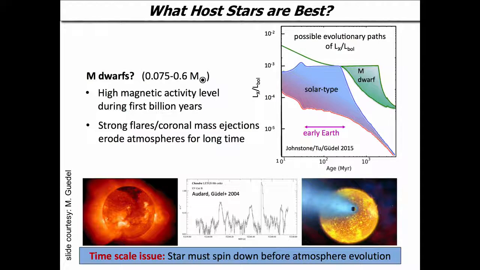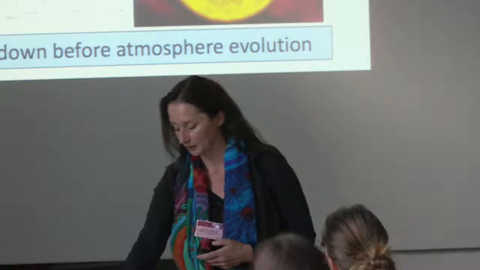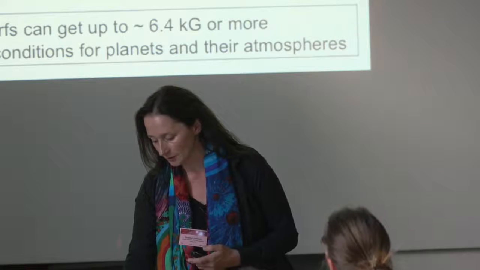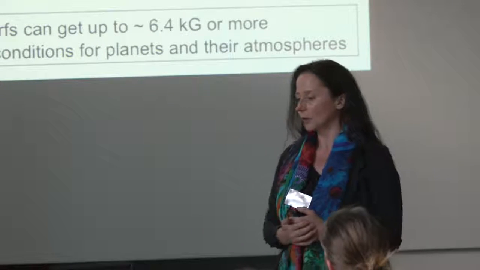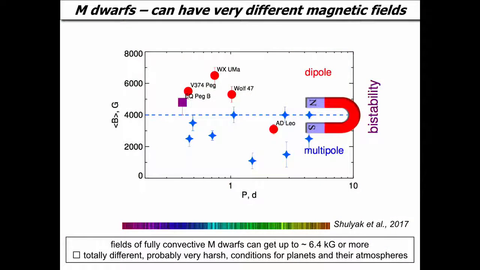So the strong flares, coronal mass ejections, and everything that's going on at the stellar surface we mentioned already is affecting the planets on a much closer orbit. So this is also something we need to consider, that the signatures are not stronger than for solar type stars, but the planet is much closer in, which certainly has an effect. Also in terms of magnetic fields, I mentioned already in the beginning, M dwarfs, and I'm going into more detail here now.